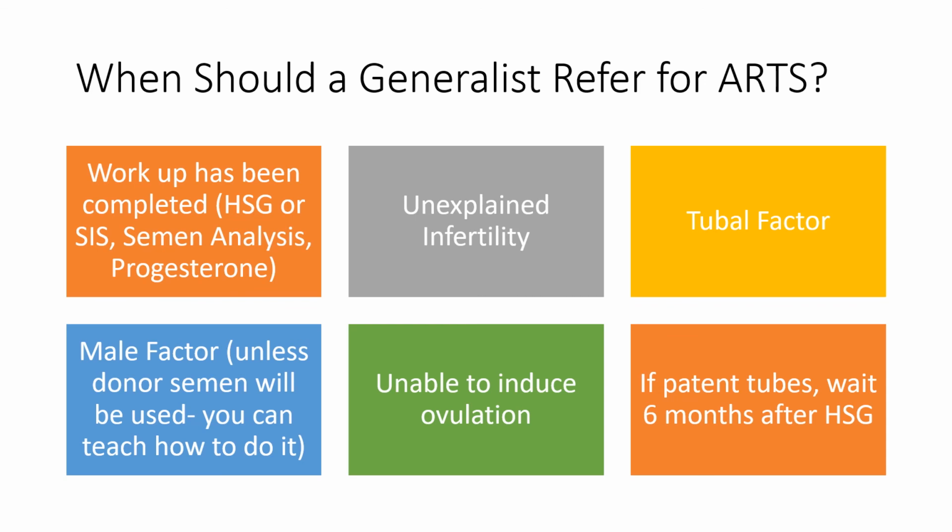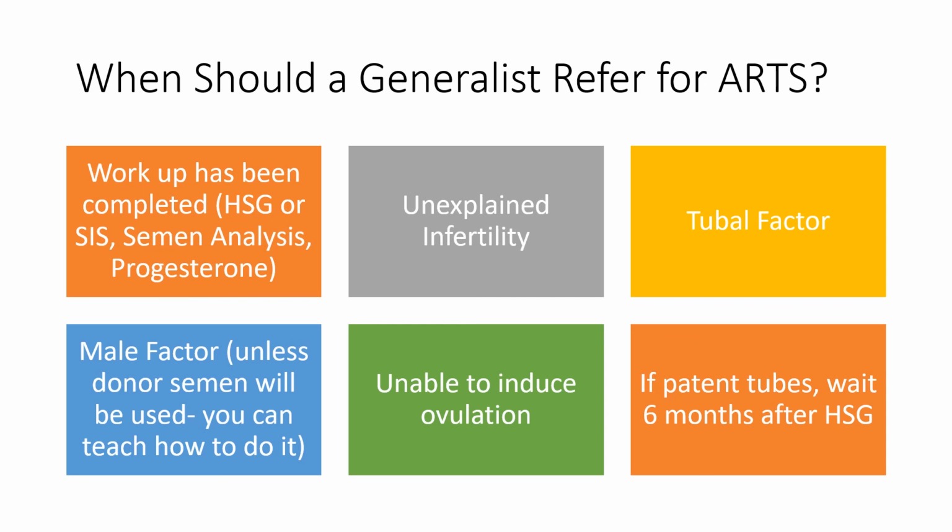And now, when should a generalist refer for ART? You must complete the workup before doing the referral. So the patient should have had her HSG or SIS, semen analysis, and progesterone. If all these are normal and she has unexplained infertility, that is a valid reason for referral.